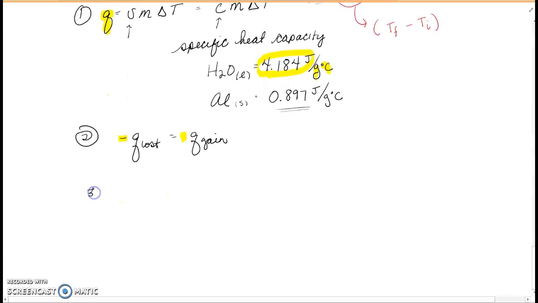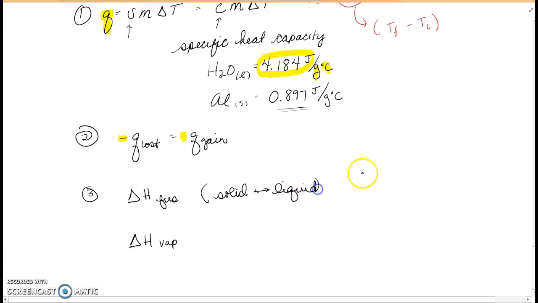And then a third equation, this isn't truly an equation as much, but it's related to that, is understanding delta H of fusion, as compared to delta H of vaporization. Heat of fusion is something that we use when we're going from a solid to a liquid, or a liquid back to a solid, either way.